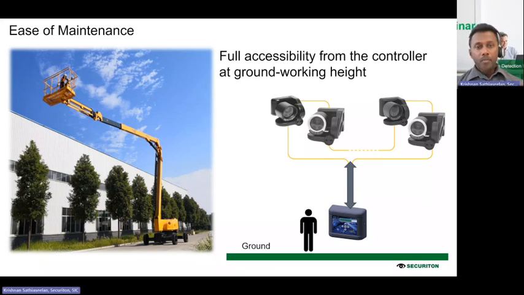The controller shall be installed somewhere the maintenance person can access it, and you don't need to climb up all the time to do the cleaning, to do the alignment when it's misaligned, and other relevant maintenance work. It's easy to achieve by having a controller at a human access level.